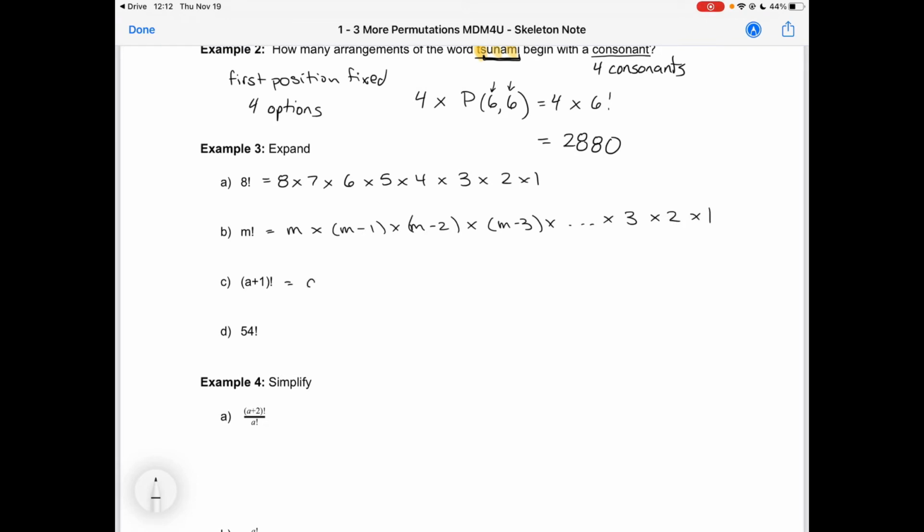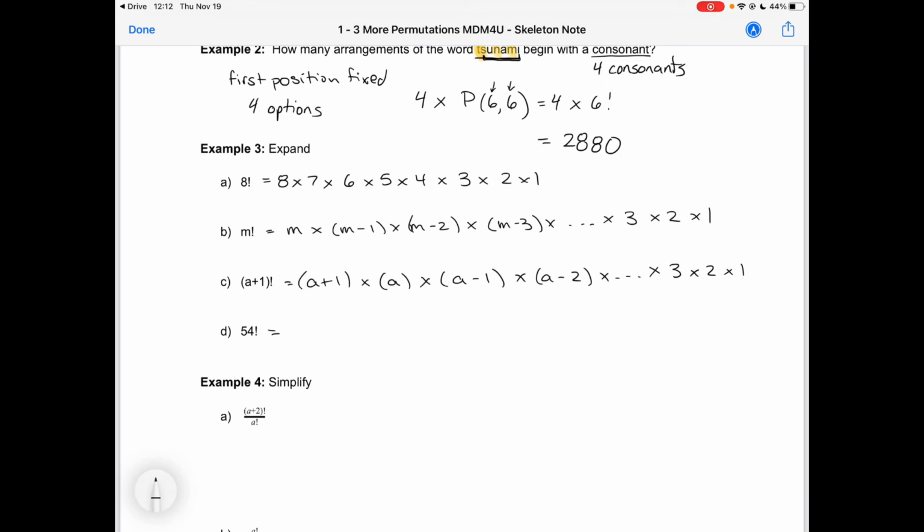And then a plus 1 factorial works almost the same, except we're going to start at a plus 1, then we take away 1, so we get a, then we take away 1 again, we get a minus 1 times a minus 2. But just like the first one, this goes all the way down to 3, 2, and 1.